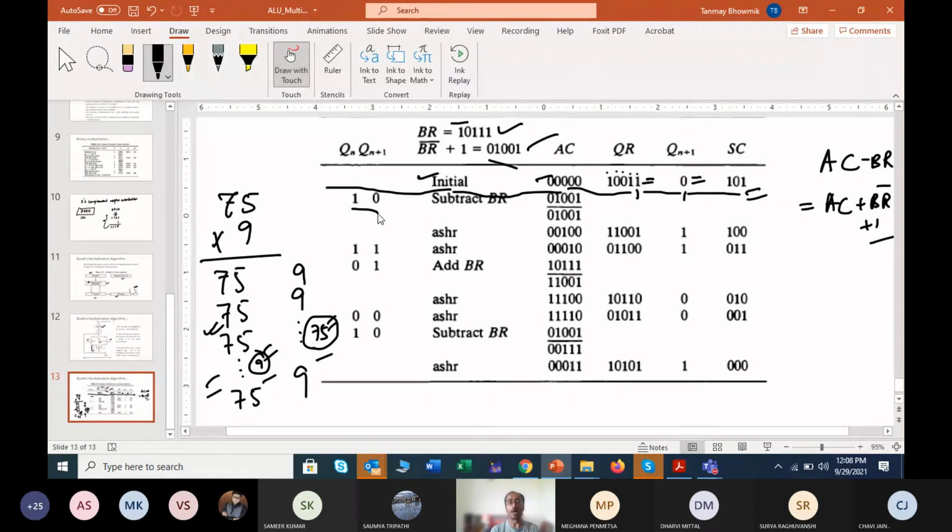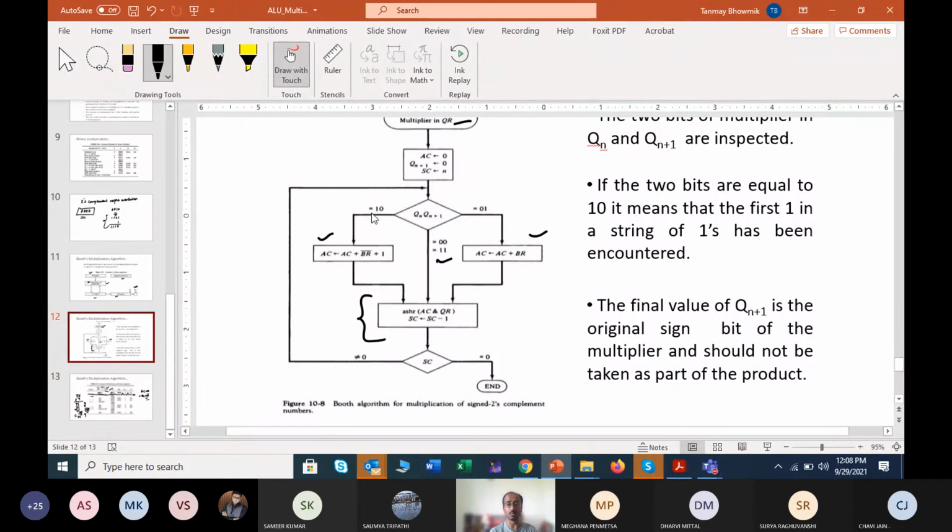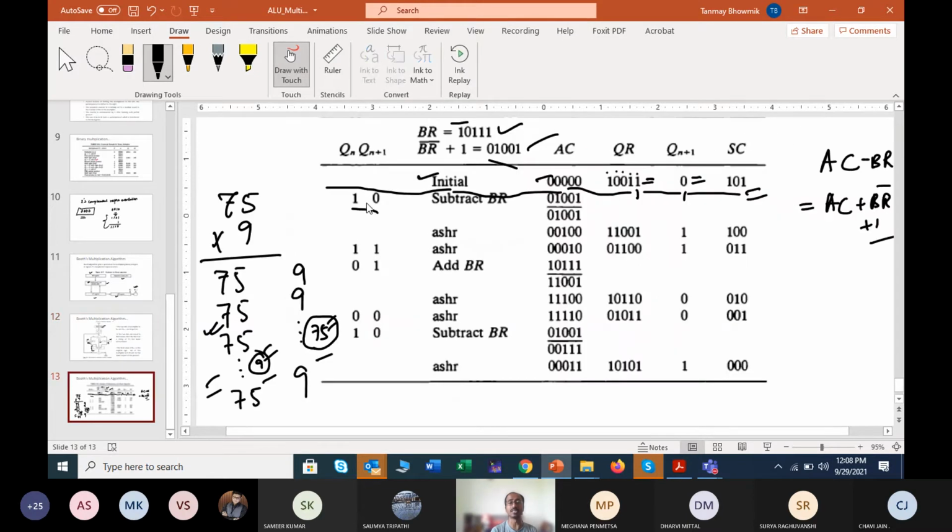So 1 0 means it is a subtract operation, because according to this flowchart we have seen that whenever it is 1 0 we subtract, and whenever it is 0 1 we add. As you have found this 1 0 condition, you will simply subtract.